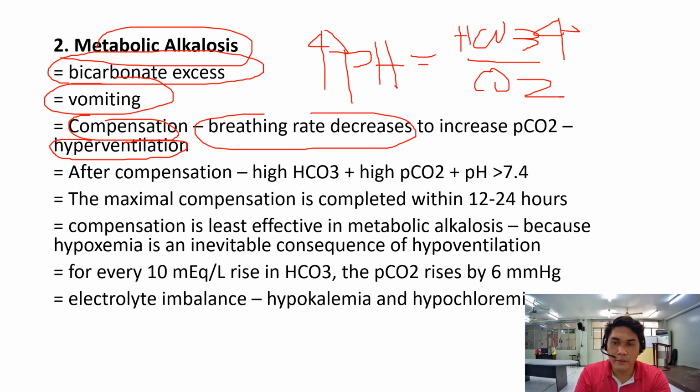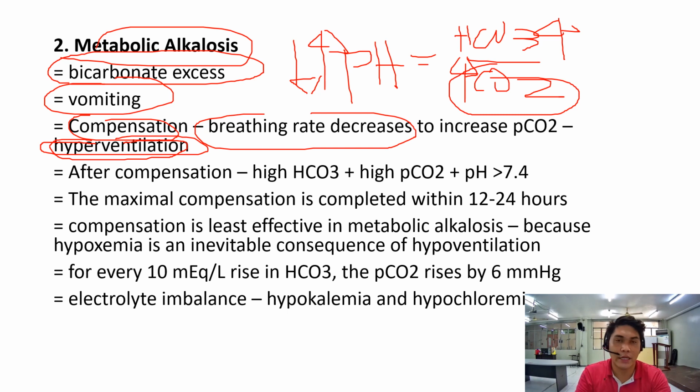So the goal of the body is to decrease the pH level by altering the CO2 level, by increasing this one. You need to increase the CO2 level in order to decrease the pH because pH and CO2 are inversely related. So compensation is through hypoventilation.